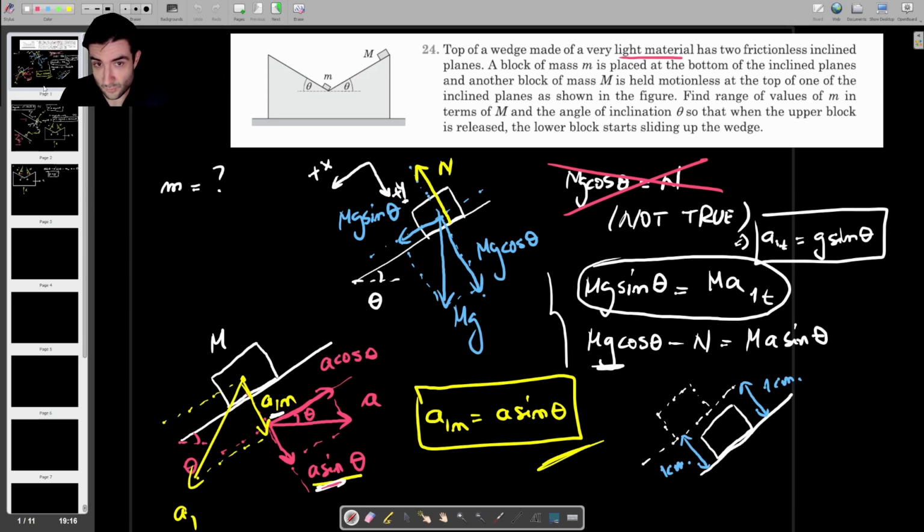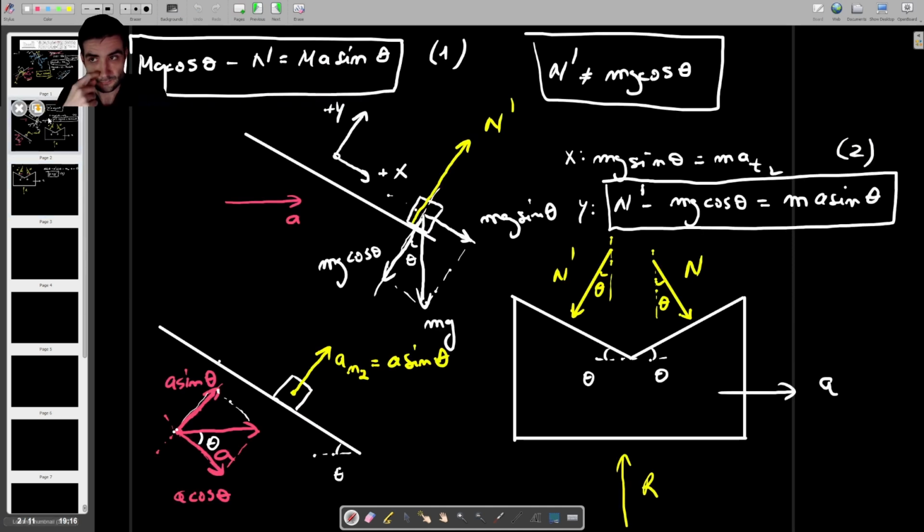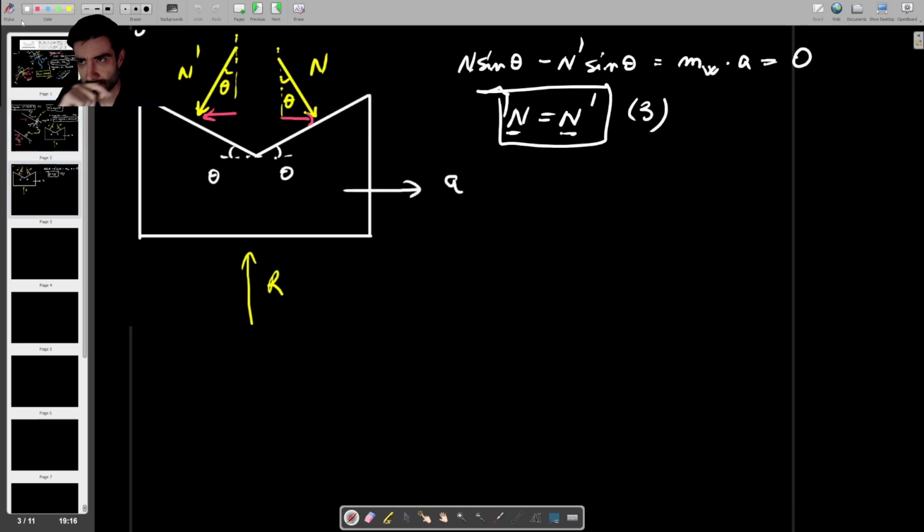They can be anything at this point. But anyway, this is therefore our third equation, and now let's try to solve this and see what happens.